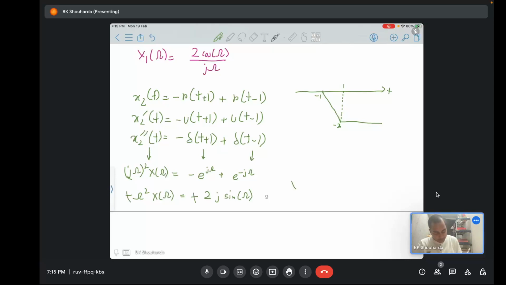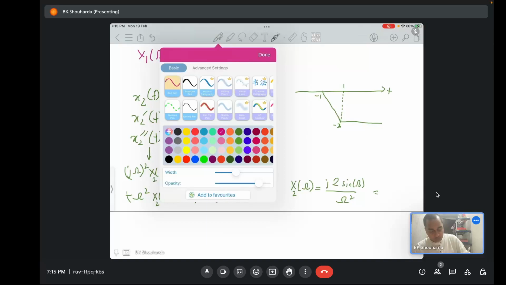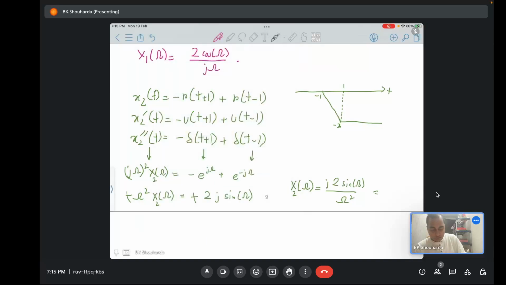Cancel them. This should be X2 actually. X2(ω) is 2j sine of ω upon ω squared, or minus 2j cos ω upon ω.